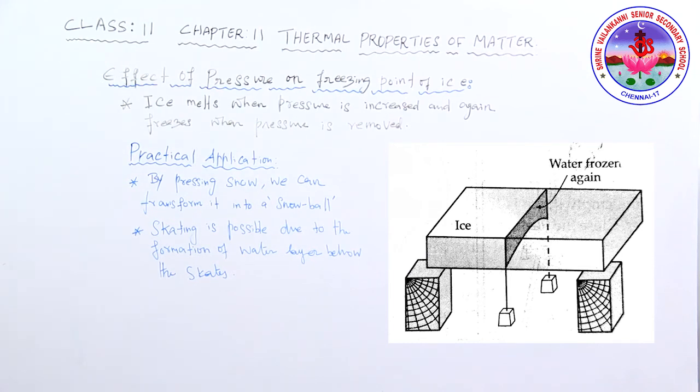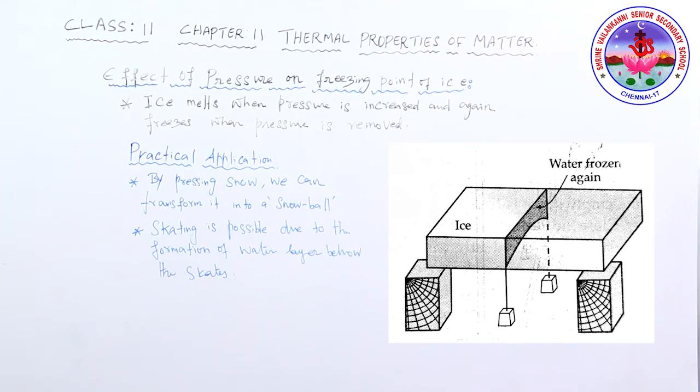Take a slab of ice and support it on two wooden blocks. Take a metallic wire and attach two heavy weights, maybe 5 kilograms each, and put the wire over the slab as you are seeing in the diagram on the screen. It is seen that the wire gradually cuts its way through the ice without cutting it into two pieces.